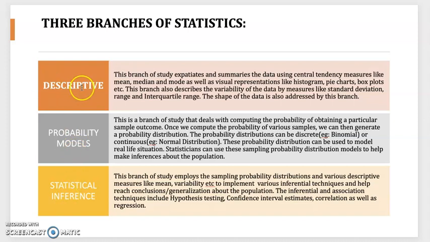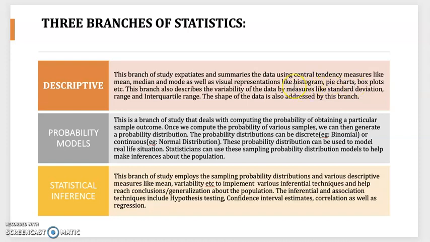The descriptive branch is one we see a lot. This branch studies and summarizes the data using central tendency measurements like mean, median, and mode, because they come from numeric values, so we can calculate them. It also provides visual representation: we can represent the data using a histogram, pie chart, box plot, or line chart.